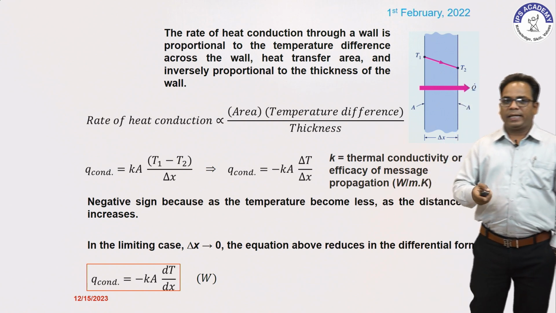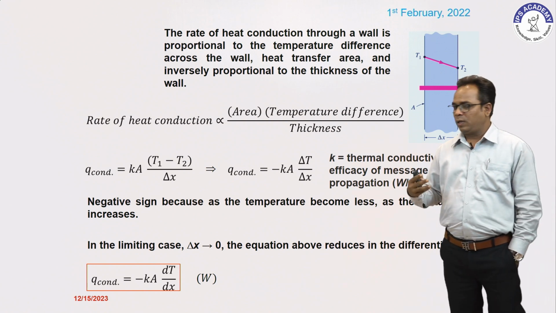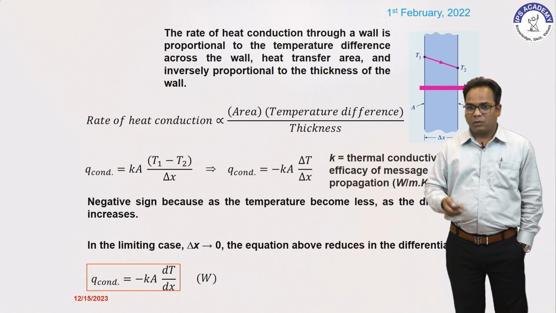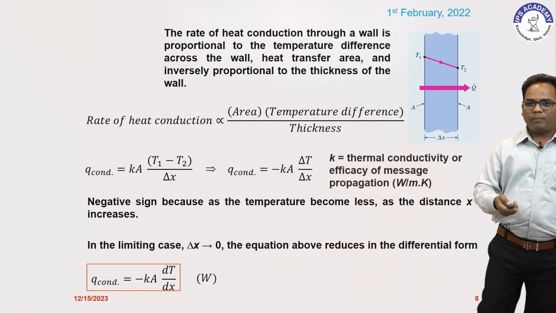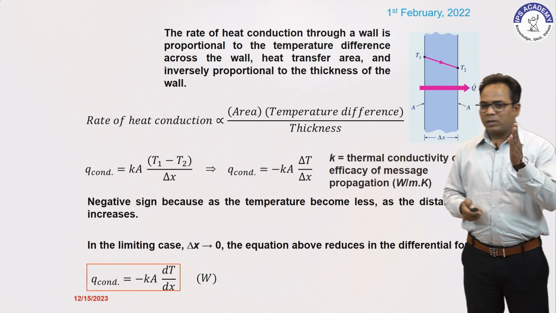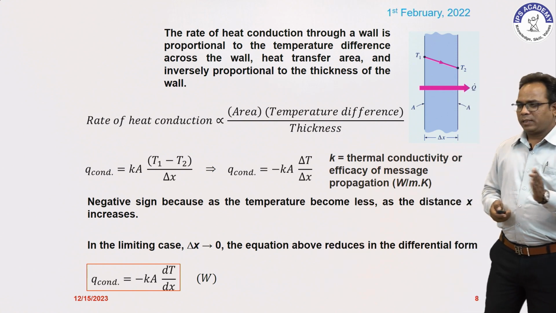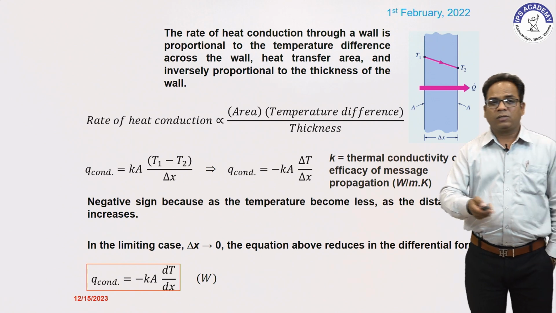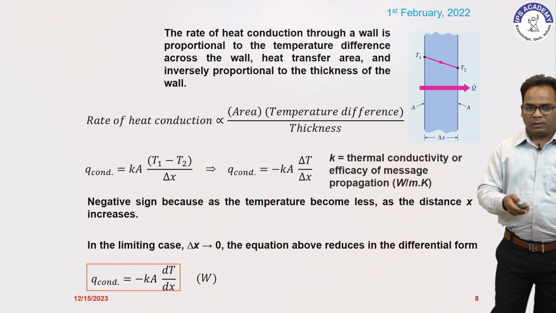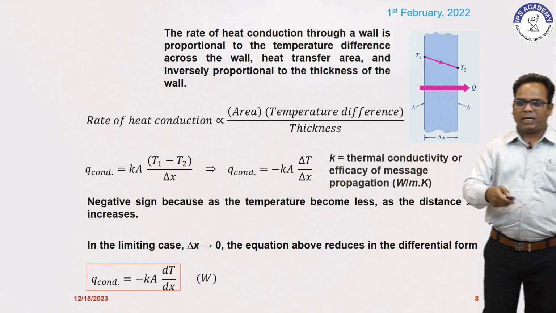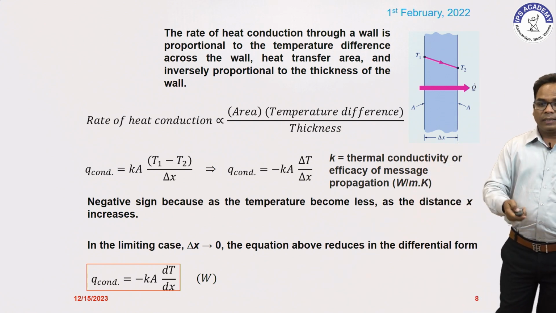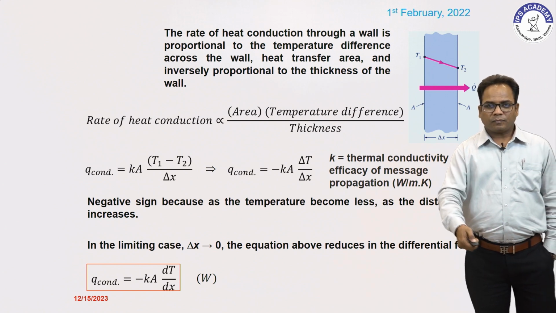Basically, the rate of heat conduction through a wall, or the control volume, is proportional to the temperature difference across the wall and the cross-sectional area through which the heat is transferred, and it is inversely proportional to the thickness of the wall.